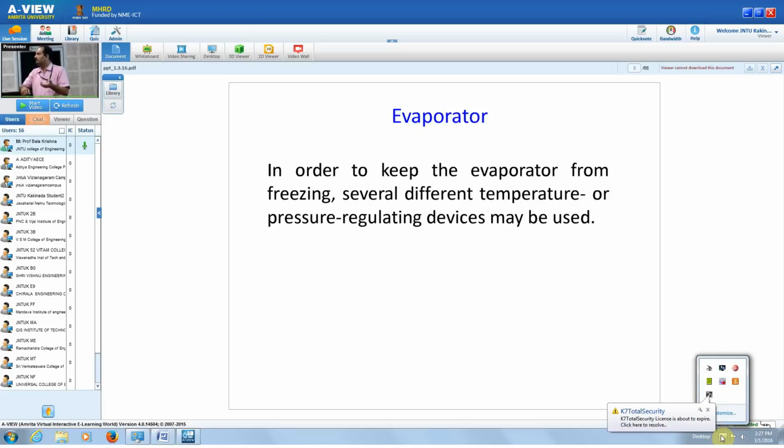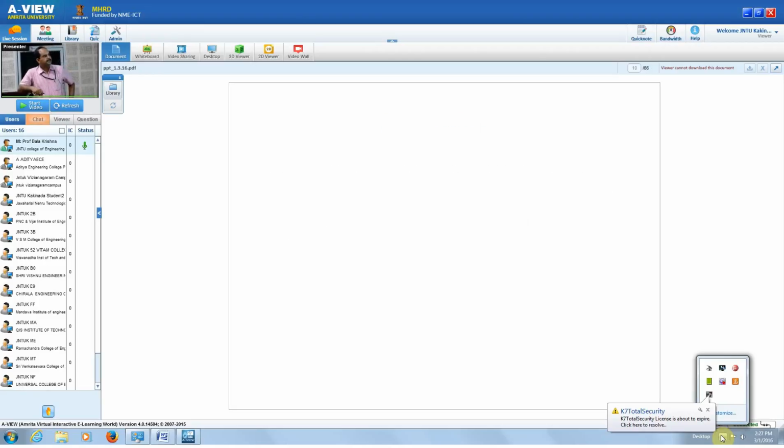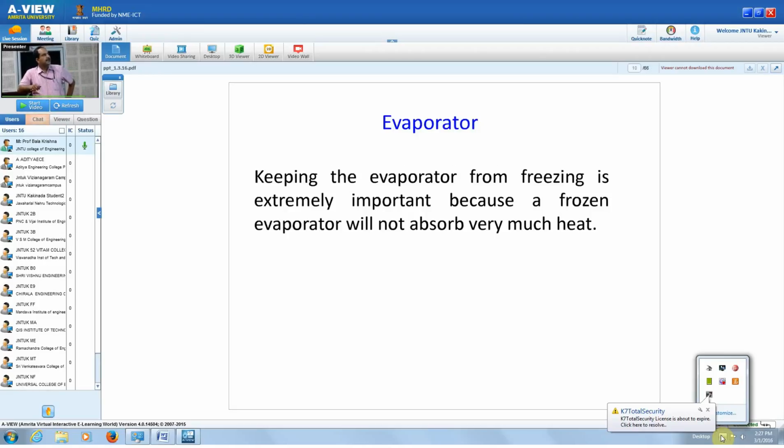Then if it reaches the original temperature, the system may switch on again. The melting process is called defrosting. Frosting and defrosting. Next slide. Keeping the evaporator from freezing is extremely important because a frozen evaporator will not absorb very much heat. This is the disadvantage. Right? Next.